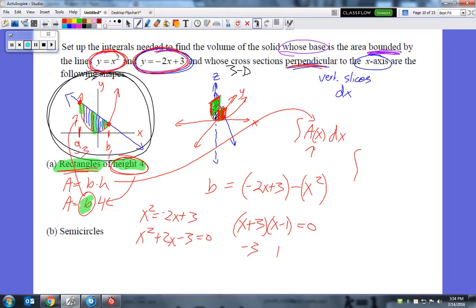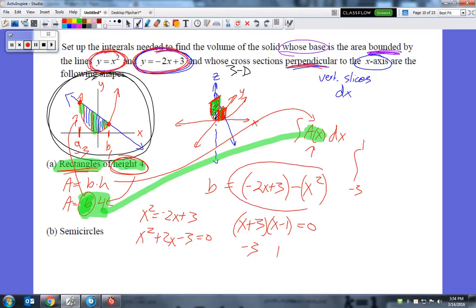So I'm going to have negative 3 to 1, and now I need to put my A of x here. I'm going to go ahead and write it. It will be negative 2x plus 3 minus x squared.